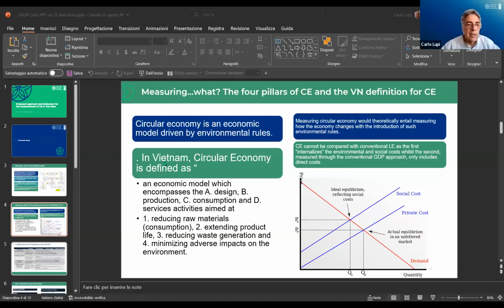Thanks a lot, Morgan. Can you hear me? Yes, we can hear you, we can see you, and you can share your screen. Okay, I will share my screen now. Let me open the presentation. Yes, it's already open. With my presentation today, I will try to enter some specific aspects of the selection of indicators for the National Action Plan in Vietnam.